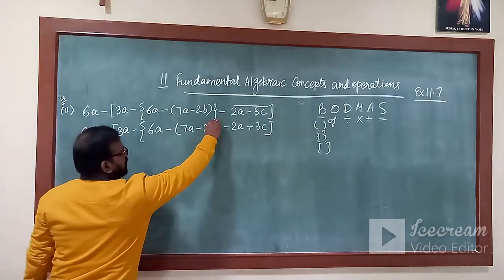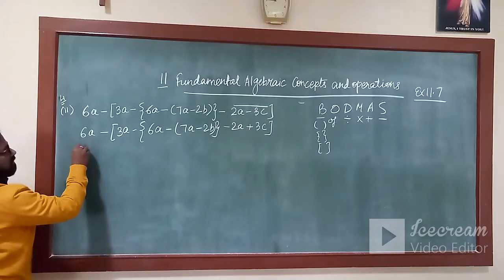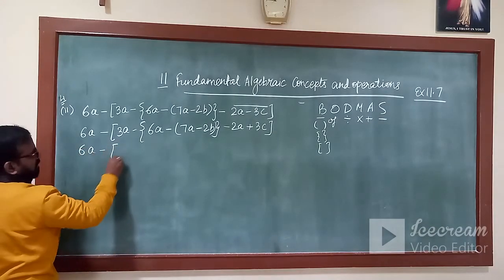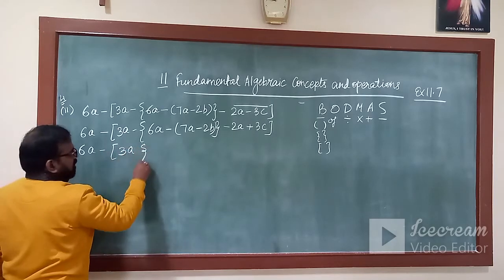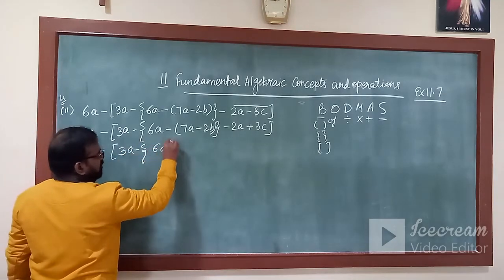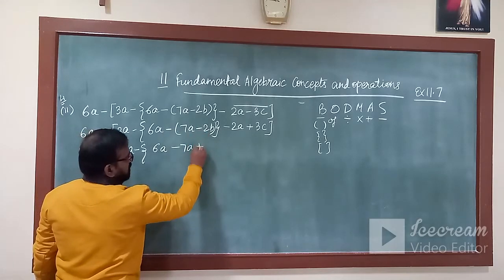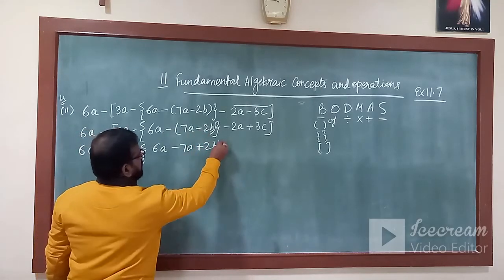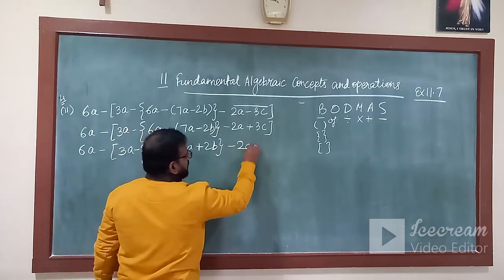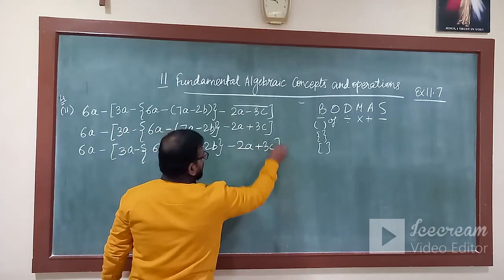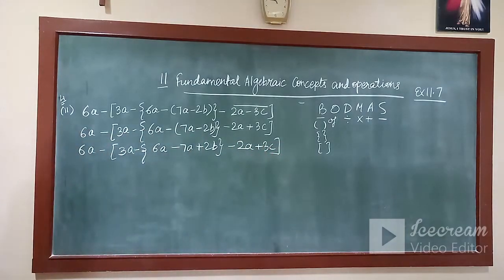Then which bracket do we have to solve? We have to solve this bracket. So it is 6a minus 3a minus 6a, then minus 7a, and minus into minus is plus. So you can see here now one more bracket has been removed. Now what are we left with?